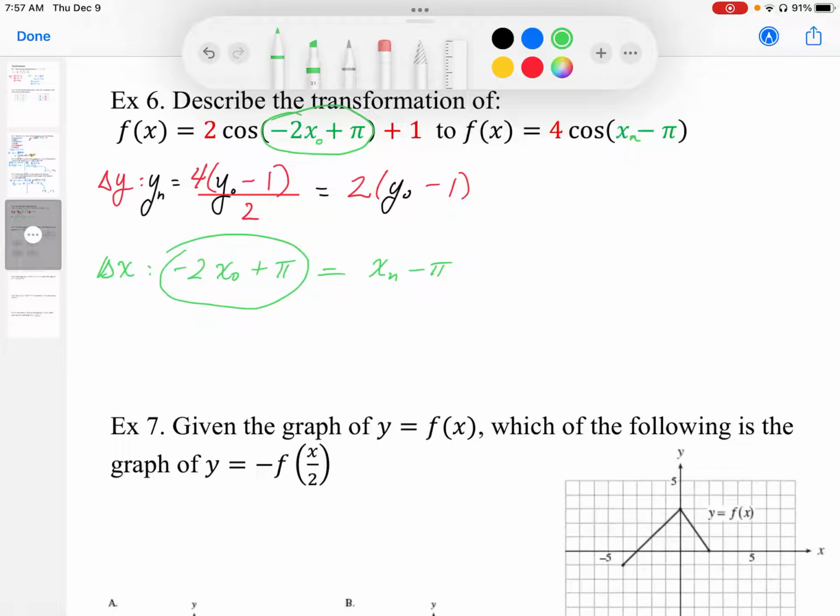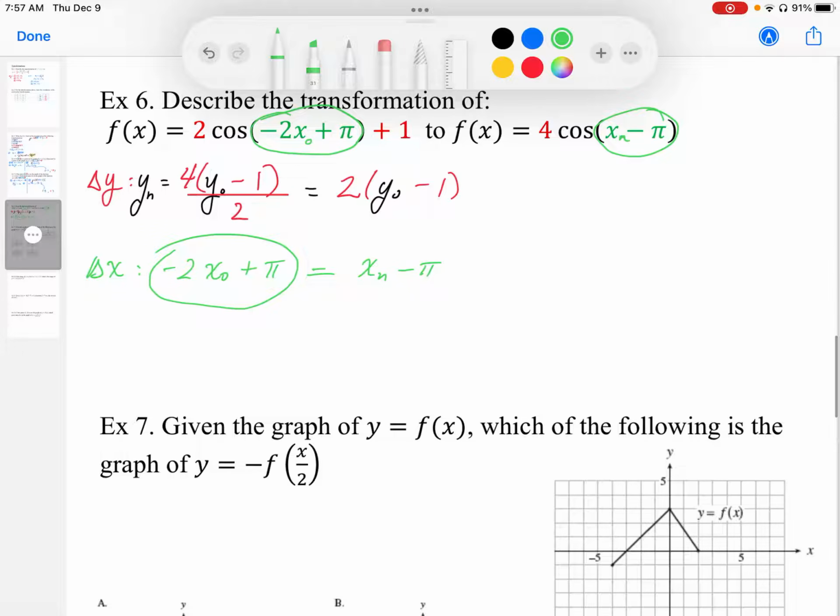And then to make it into the transformed one here, well, I need to go plus pi. To get the plus pi, I can just take this minus pi and move it to the other side. So I'm undoing the new expression. Okay, so we can actually do this in one step as negative 2x plus pi, and then we're going to add another plus pi from the other side.